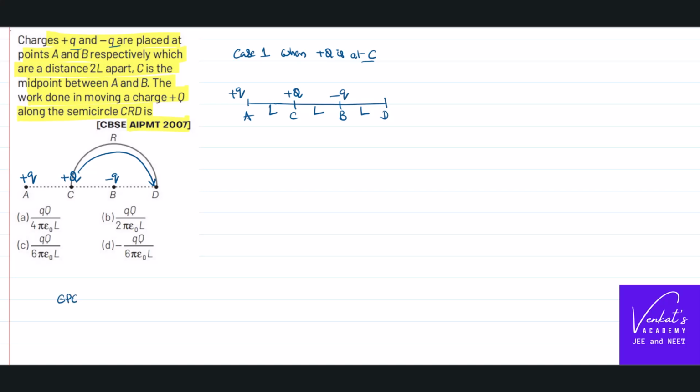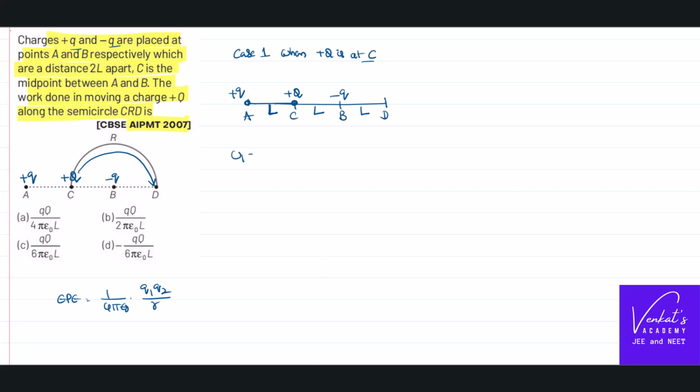We know the formula for electrostatic potential energy is 1 by 4 pi epsilon naught q1 q2 by r, where r is the separation between the charges. Now between Q and q there is a distance L, so between them there is potential energy.